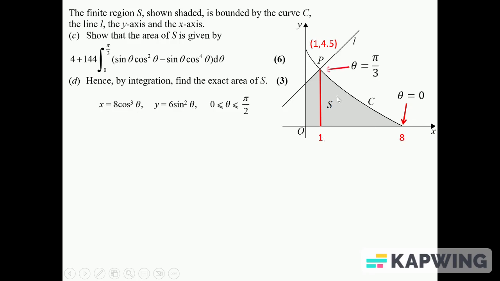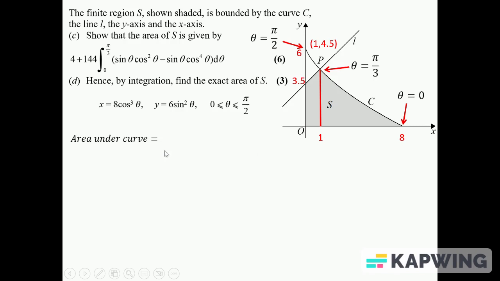Here, the x value is 1. Just here, theta is equal to pi over 3. And at the top then, theta pi over 2, because the x is going to be 0 this time, because the cos of pi over 2 is 0, and sine of pi over 2 is 1, so the y value there is just 6. That's 3.5 there, where the graph meets the y-axis, the plus c on the y equals mx plus c.